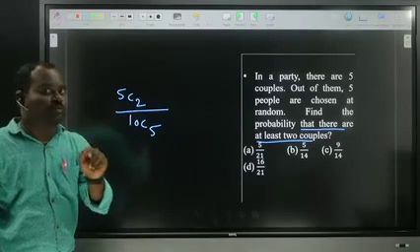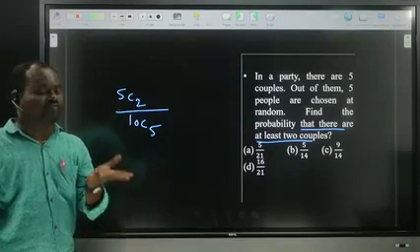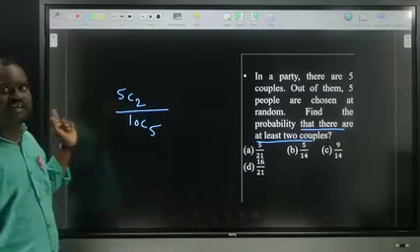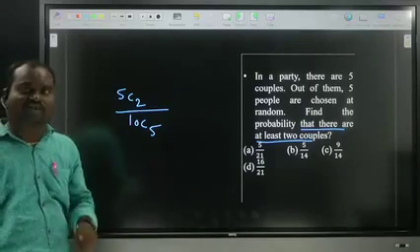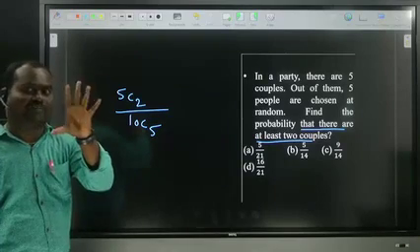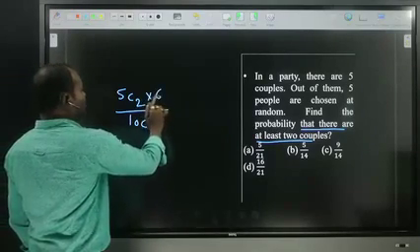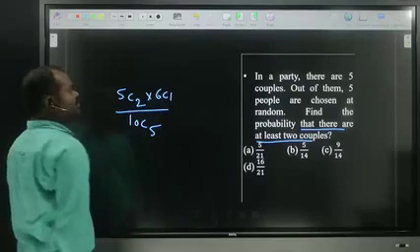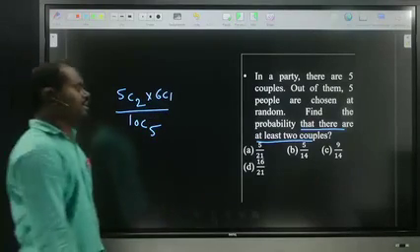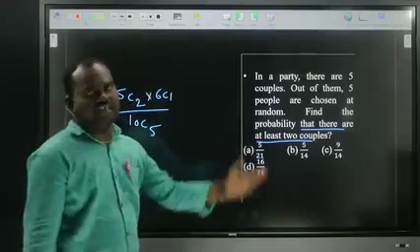Out of 10, 4 members are selected. The balance is 6 members. From those 6 we should select one person, because we should select entirely 5 persons. So into 6C1. Okay, at least 2 couples. By simplifying, we can get the answer, right?